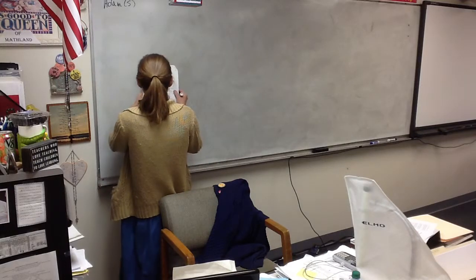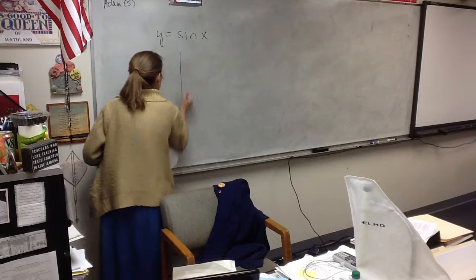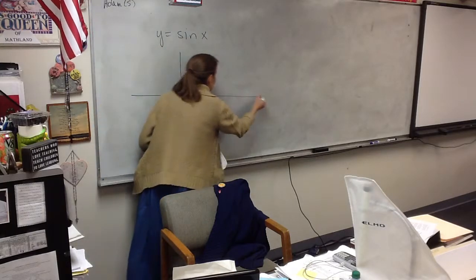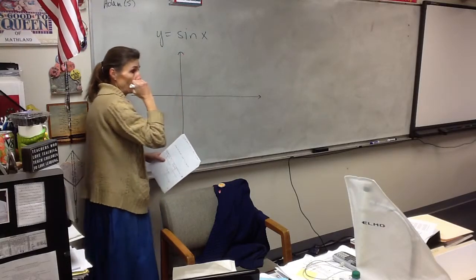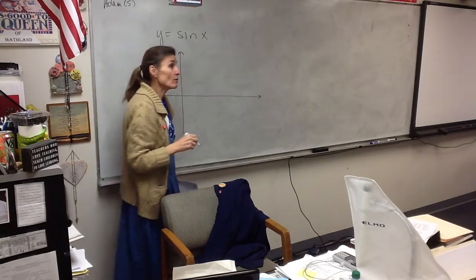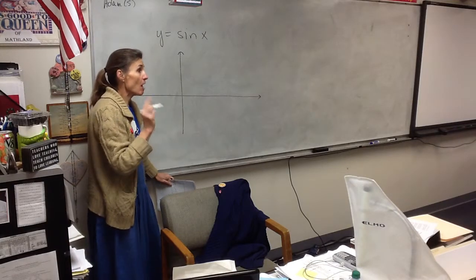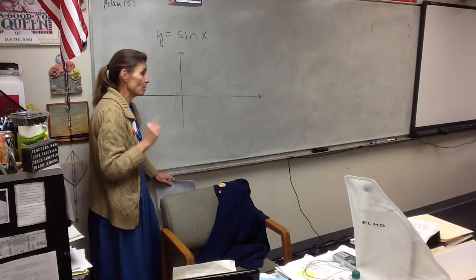The very first one says y equals sine x. This is going to be your sine curve. Now, we are going to do this in radians because that's how big kids graph, and we are big kids.